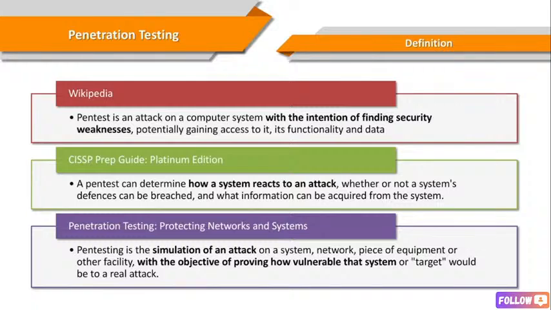It's called Penetration Testing, Protecting Networks and Systems. And I quote, "Pen testing is the simulation of an attack on a system, network, piece of equipment, or other facility, with the objective of proving how vulnerable that system or target would be to a real attack." End quote. I want you to notice the words here, the simulation of an attack.